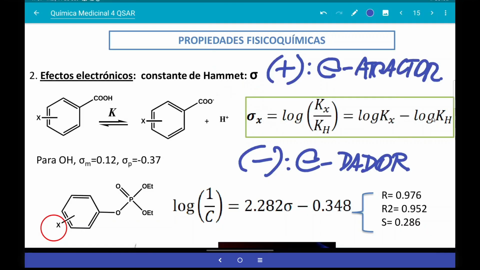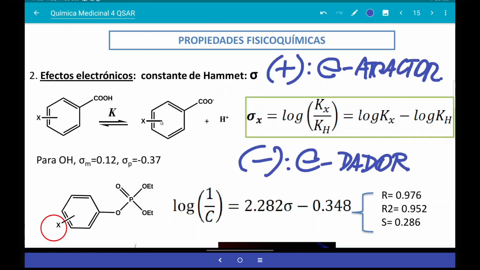The Hammett substituent constant measured in this empirical way is valid for which positions? That is, the value of sigma calculated according to Hammett is valid for which positions in an aromatic ring? For meta and para.